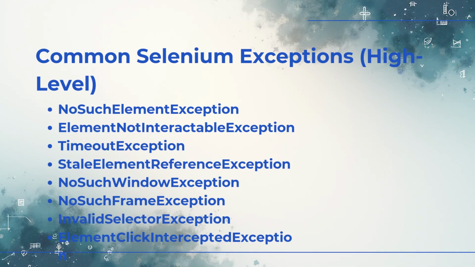InvalidSelectorException. This exception means the locator syntax itself is invalid. Maybe there is a missing bracket. Maybe you wrote an incorrect XPath expression. In those cases, Selenium immediately throws an InvalidSelectorException because it cannot read that XPath properly.